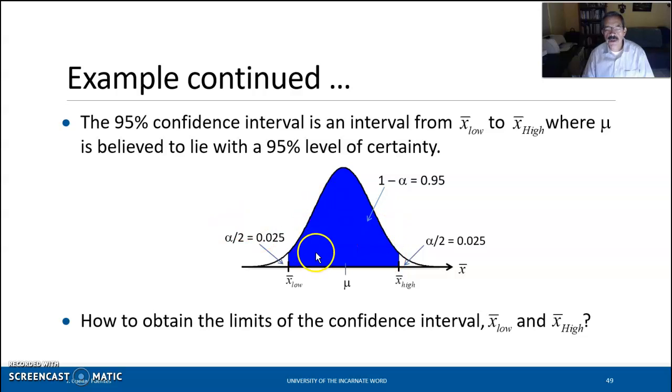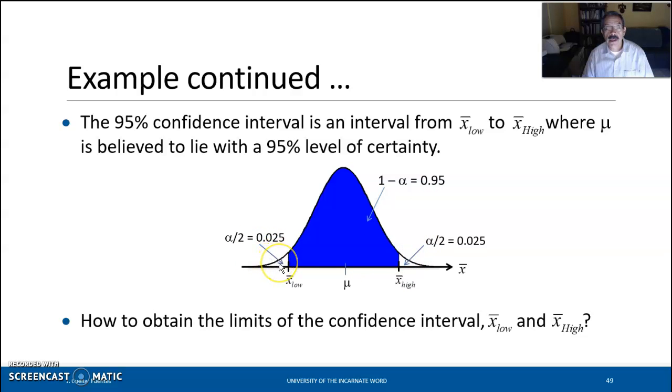Now, because this is a symmetric interval around the mean, since we have 95% here, we have 5% outside. And because this is symmetric, we split the remaining probability 0.05 between the two, what we call the two tails.